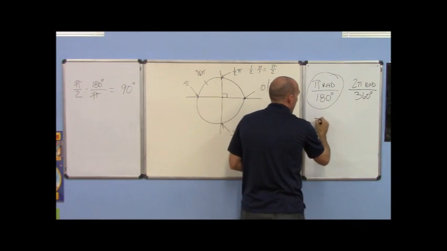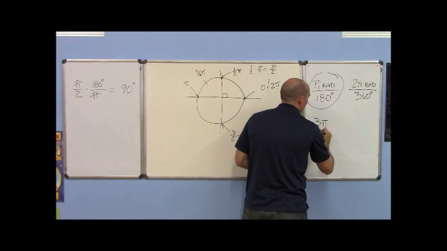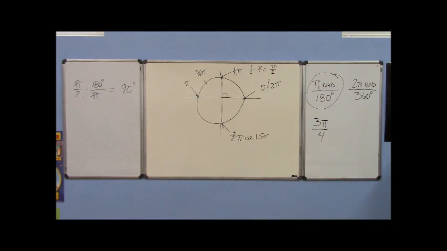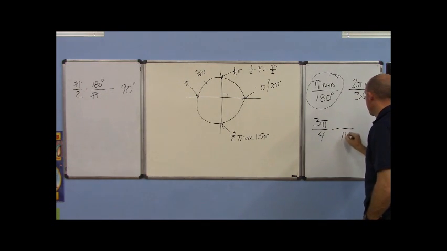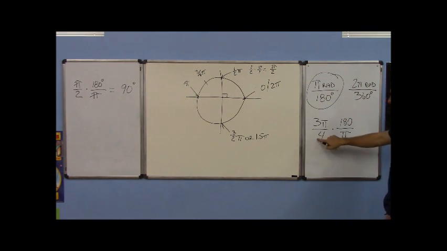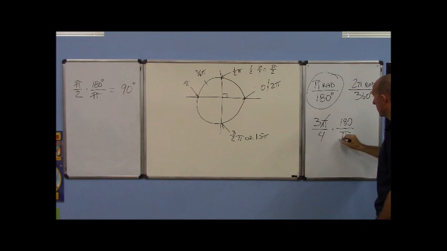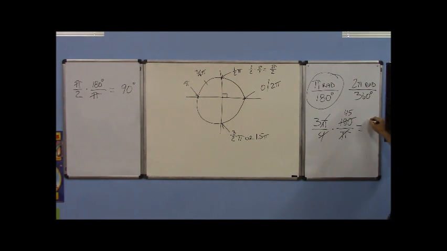If we had 3 pi over 4, change that to degrees. Well, we're still going to put pi on the bottom, 180 degrees up top. Our pi's cancel out. 4 can go into 180 45 times. And so 3 times 45 is 135 degrees. So 3 over 4 pi is 135 degrees.